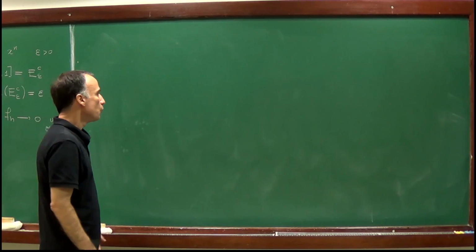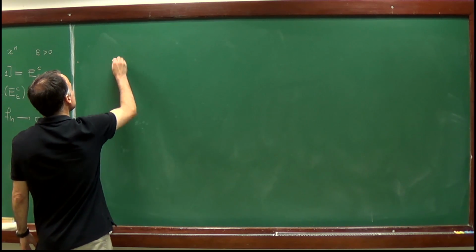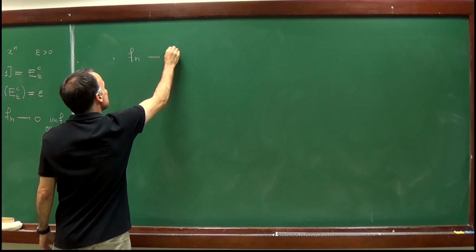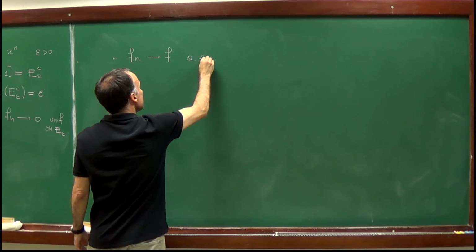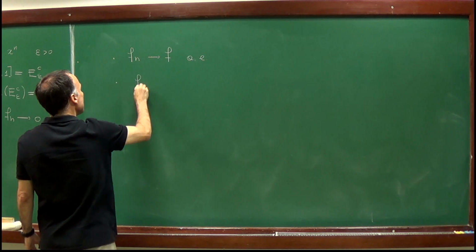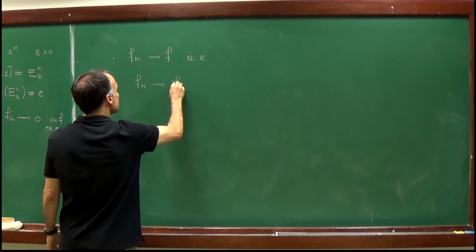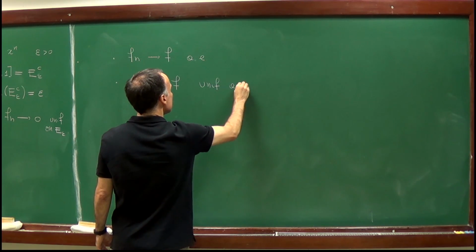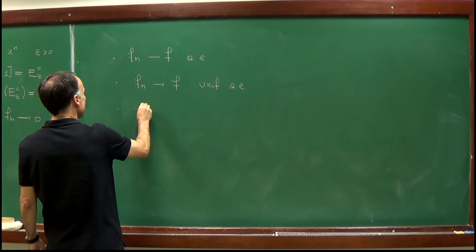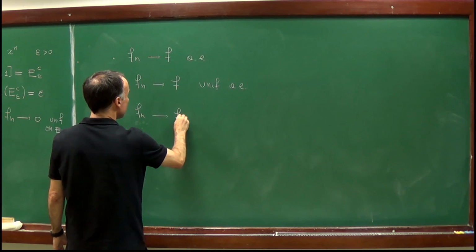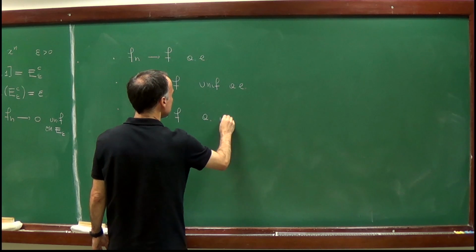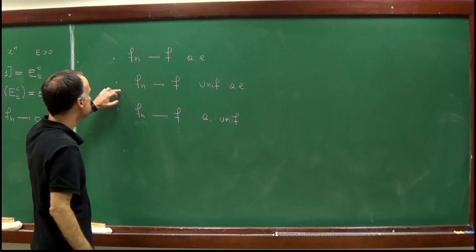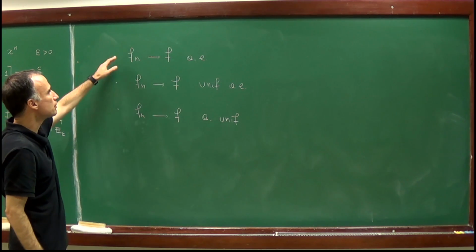Well, let's compare a bit all these three concepts. So we have fn converging to f almost everywhere, fn converging to f uniformly almost everywhere, and fn converging to f almost uniformly. Right, well, it's clear that this second condition is stronger than both.